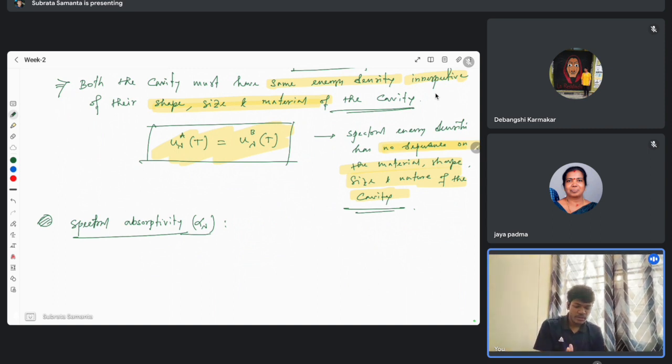I am defining it for the wavelength lambda. In the same way, for the frequency case also, alpha nu has the same definition. Here I am only considering lambda to lambda plus d lambda. In the same way you can consider nu to nu plus d nu for the frequency case.